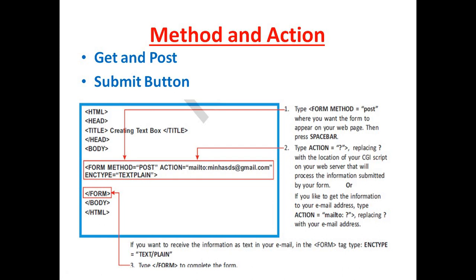Now, when you design a form, you set up a form. How will you set up a form? So, for setting up, the method and action properties are used. These two properties are used when you generate a design or assign something to the form.